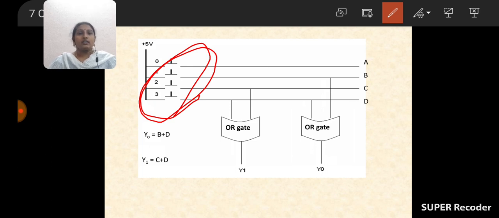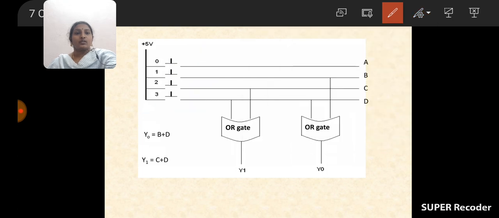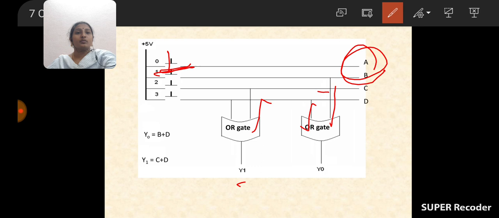For example, switch 0 is pressed. The output produced across the OR gates are 0, 0 only. And if button 1 is pressed, by pressing switch 0, the output is 0, 0, means here the output OR gates are not connected to the line A. By pressing this also, no output is produced.